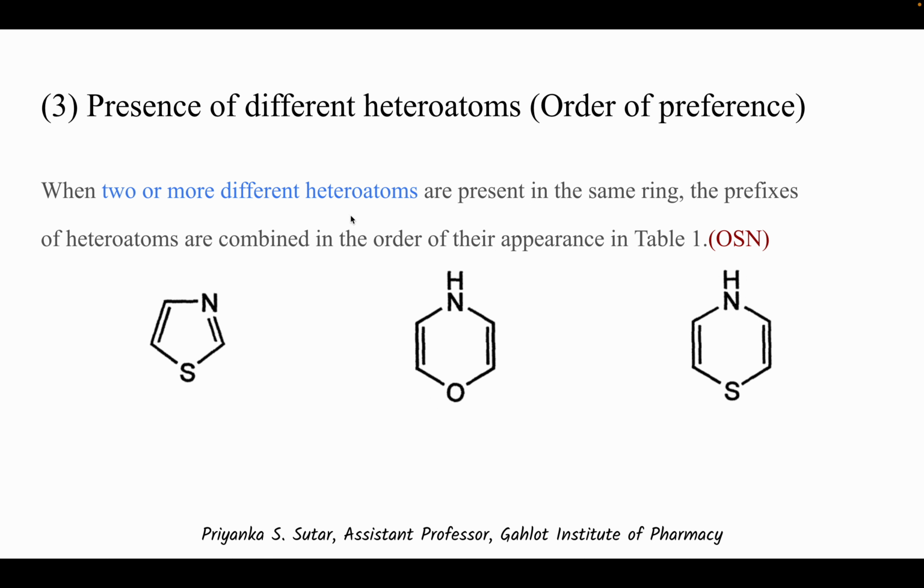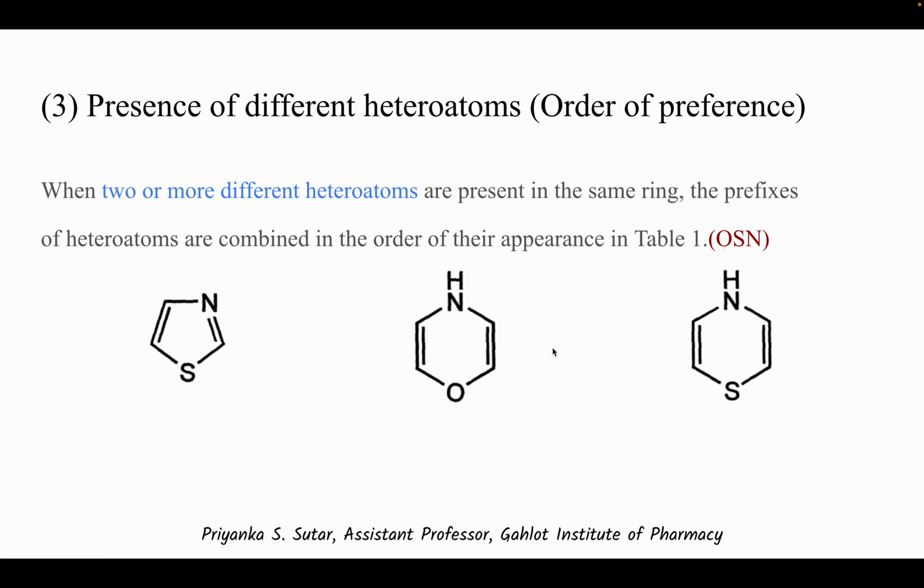If 2 or more different heteroatoms are present in the same ring, the prefixes of the heteroatoms are combined. You use table number 1 for the prefix, and the order of appearance in table number 1 decides which one you place first and second.